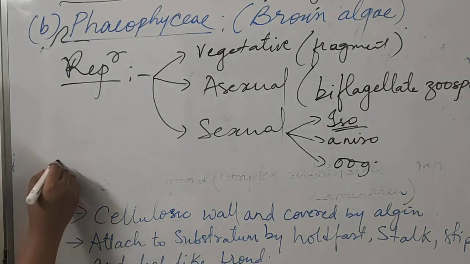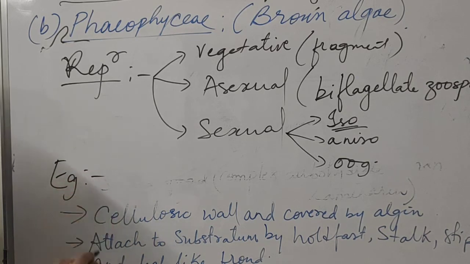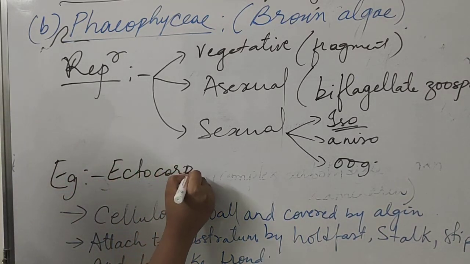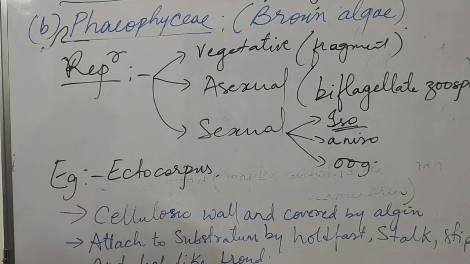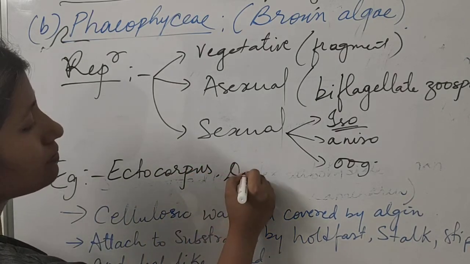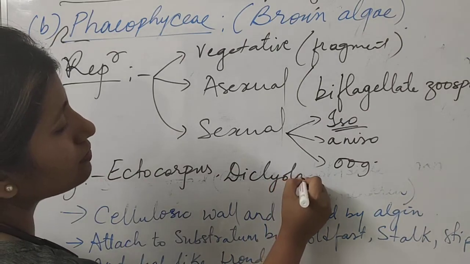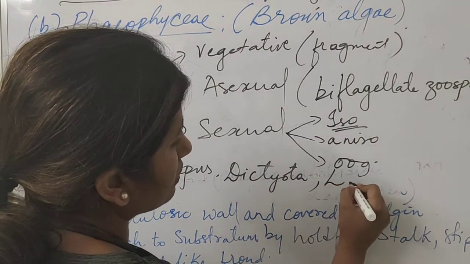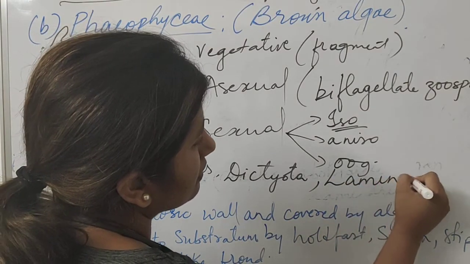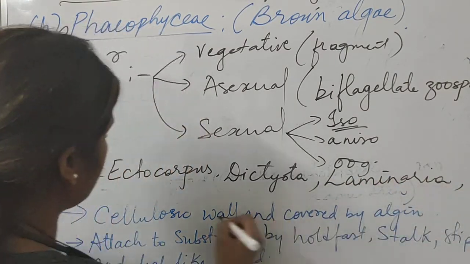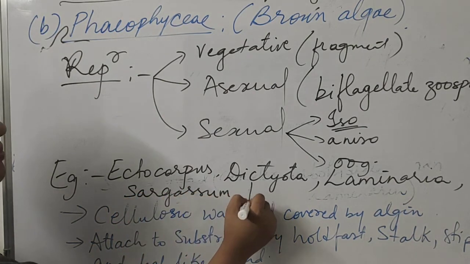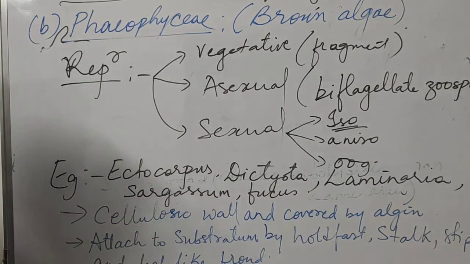Examples of Phaeophyceae are Ectocarpus, Dictyota, Laminaria, Sargassum, and Fucus. Okay, these are the examples.